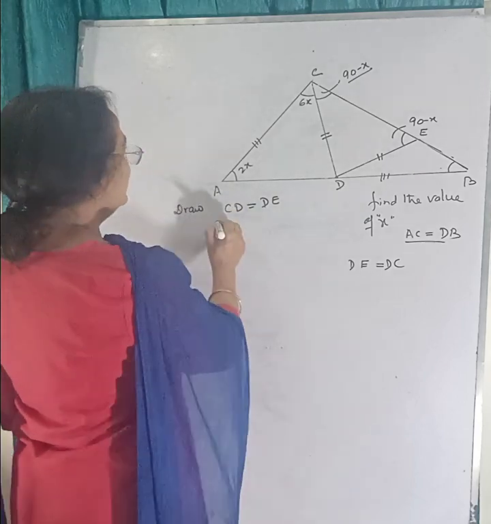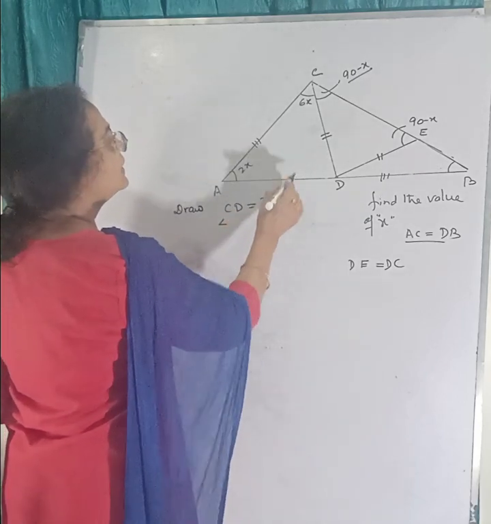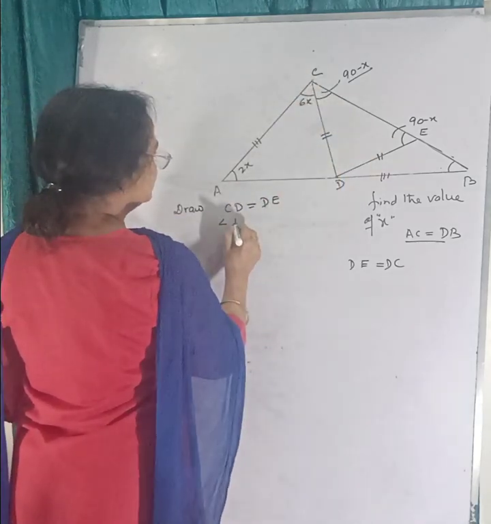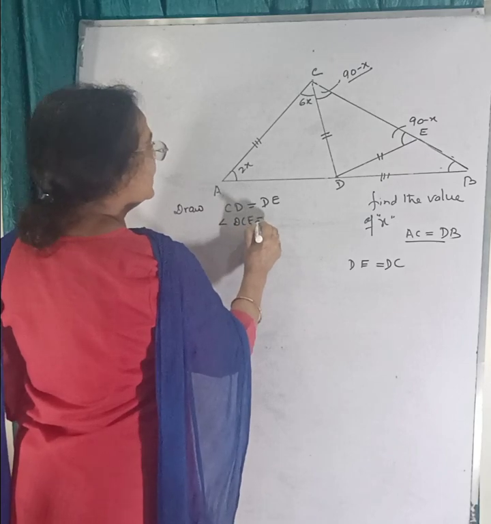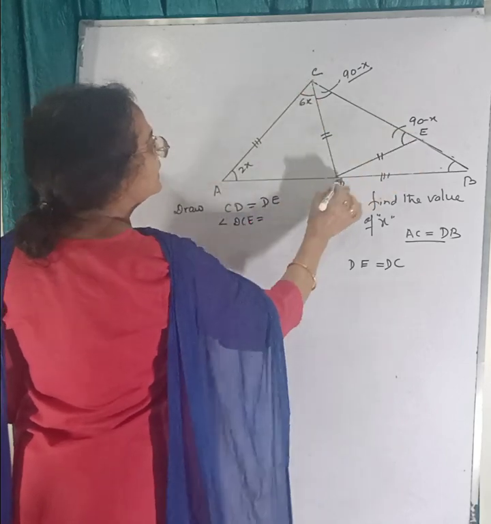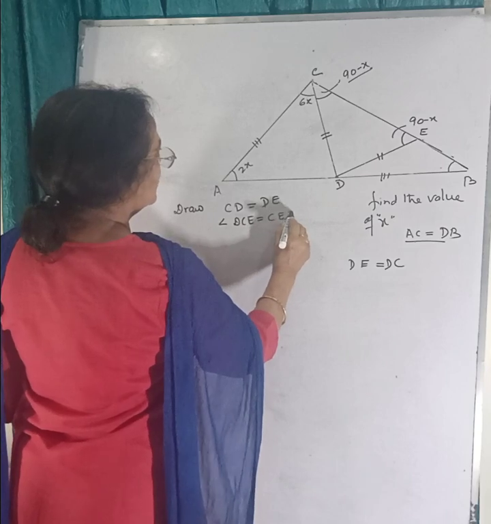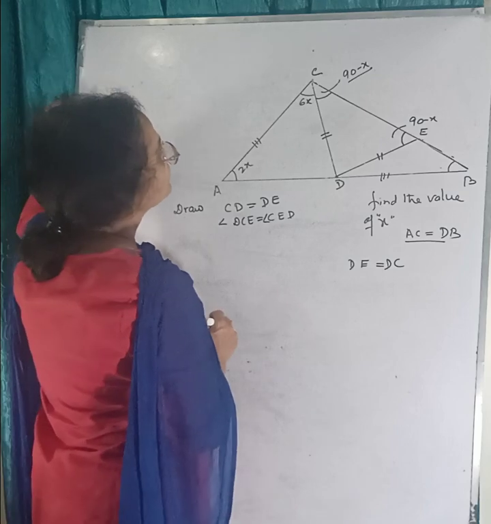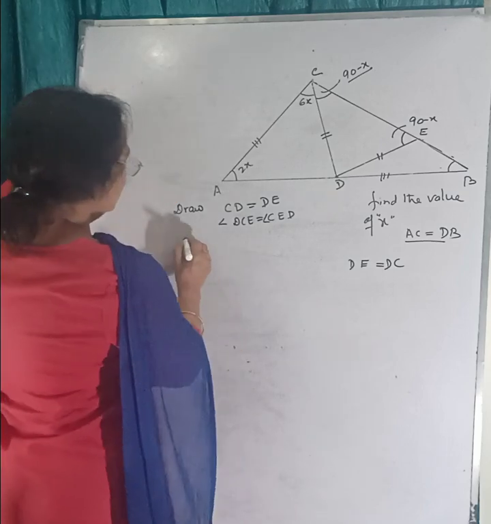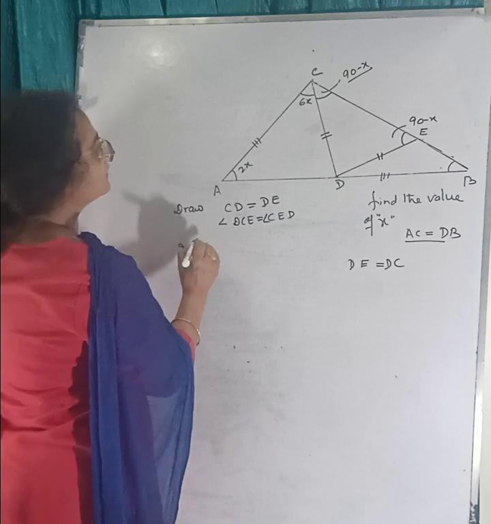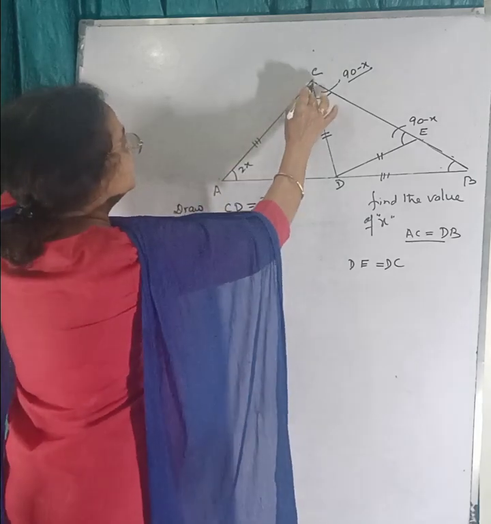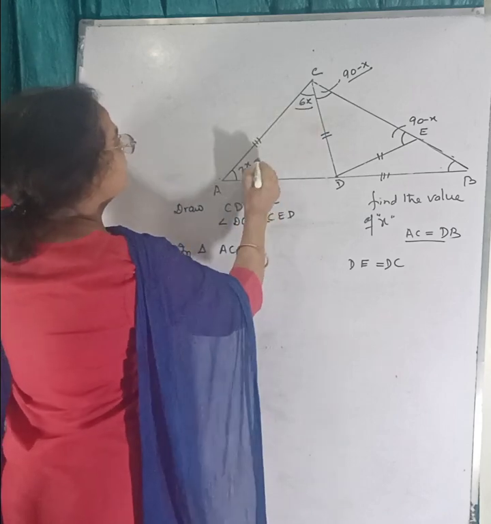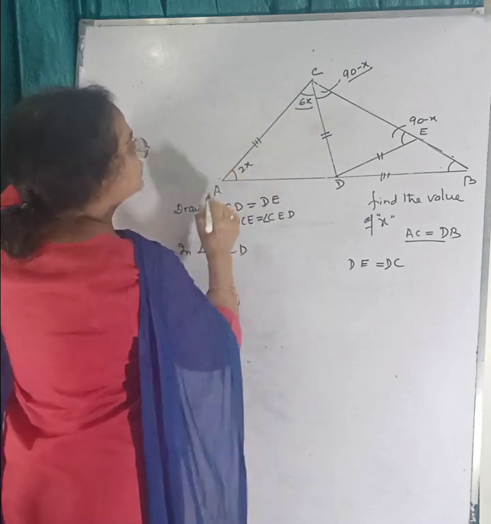Okay. It means angle DCE will be equal to angle CED. Now, in triangle ACD, this is given to us 2x, this is given 6x.